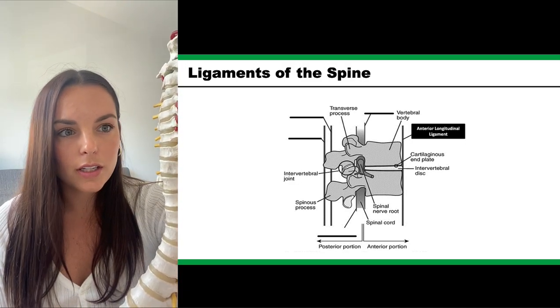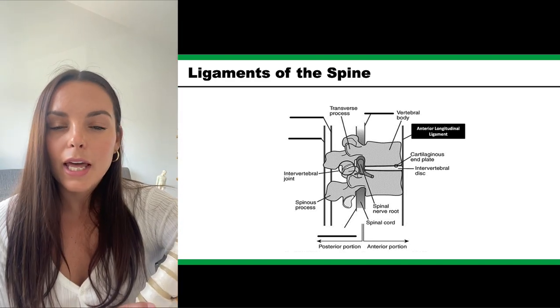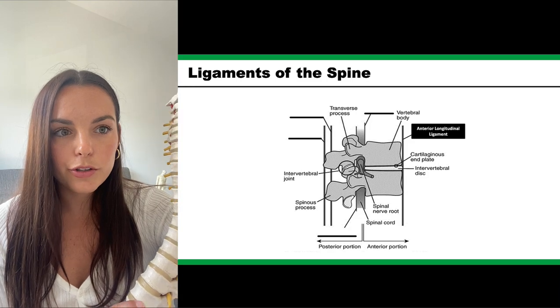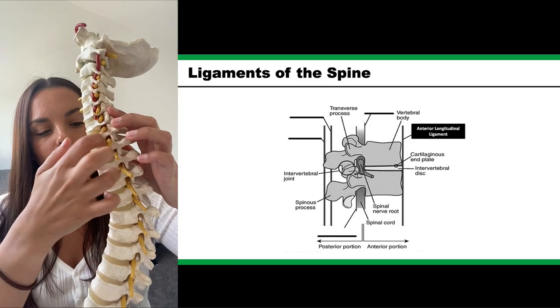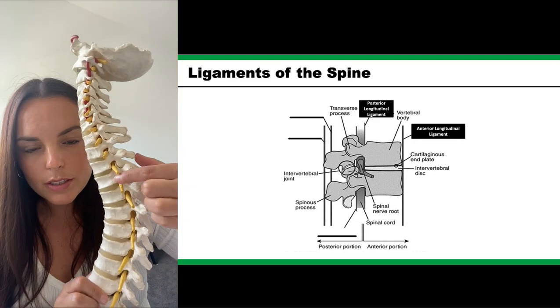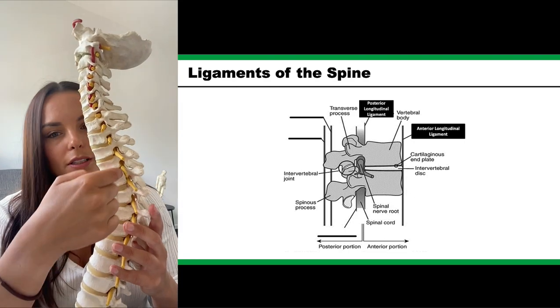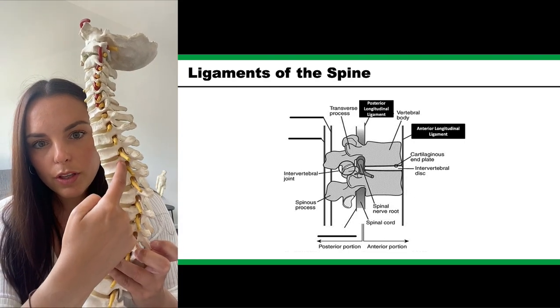So if you have a look at the slides now, we can label our anterior longitudinal ligament. And then our posterior longitudinal ligament travels down the posterior side of the body. It's tough to see it on this model here, but you can see it clearly in your lab books running down the posterior side of the body.